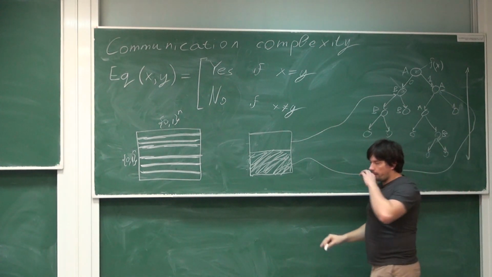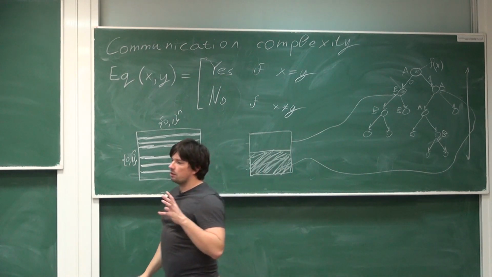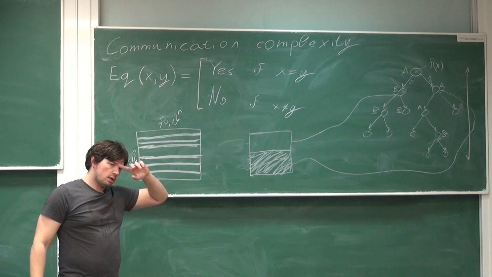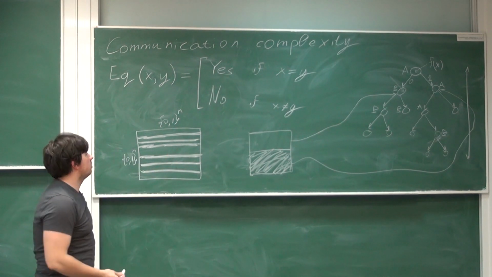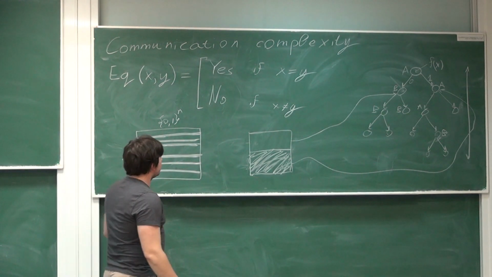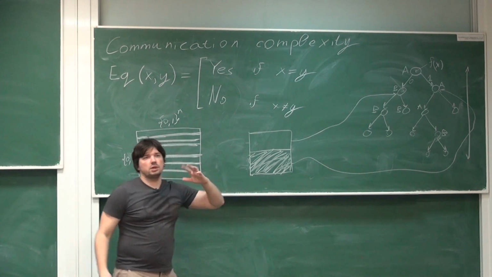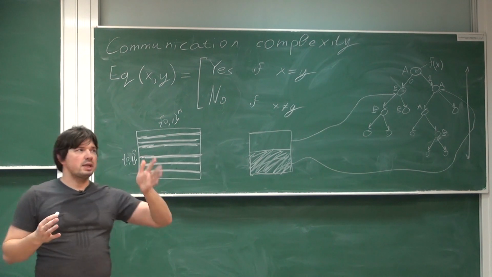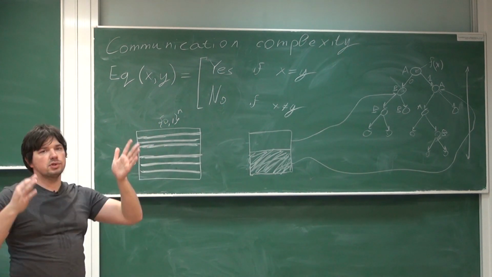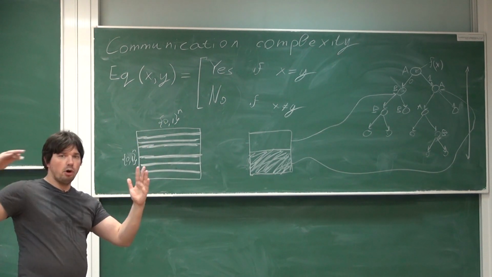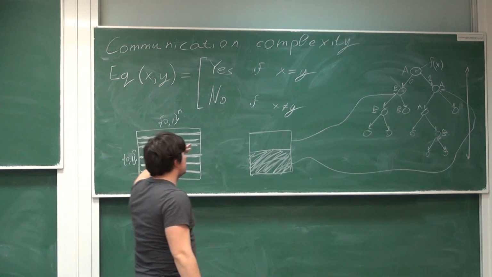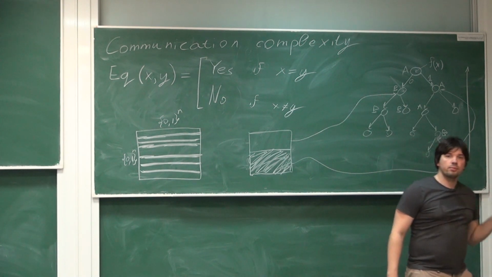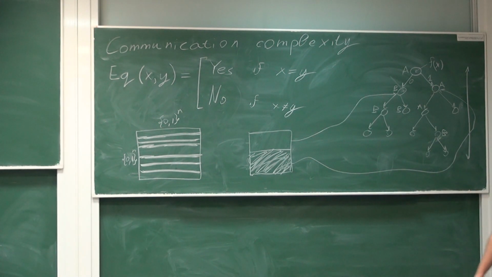So in every node of the tree that defines the communication protocol, we can define a rectangle, which is all the inputs of Alice and all the inputs of Bob that are consistent with getting to this node of the protocol.